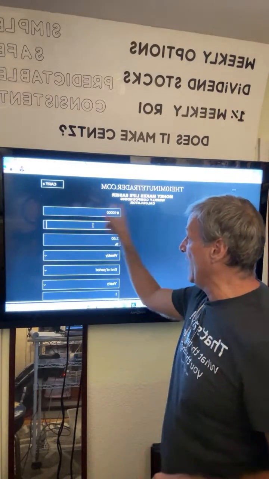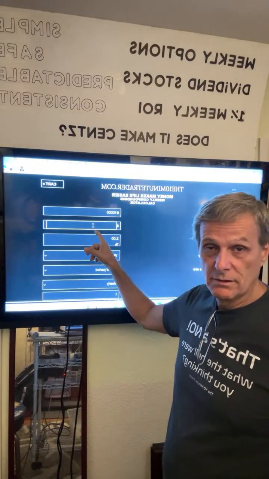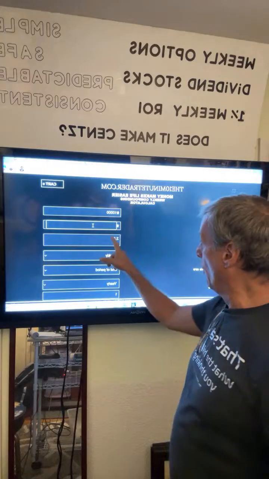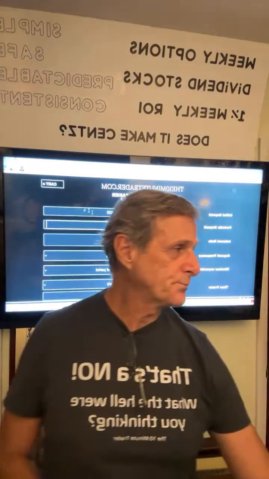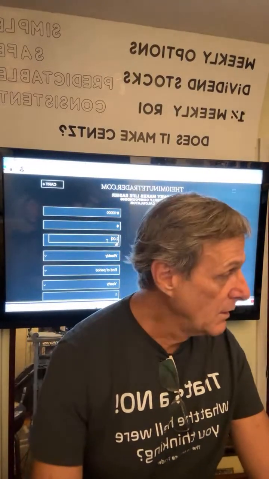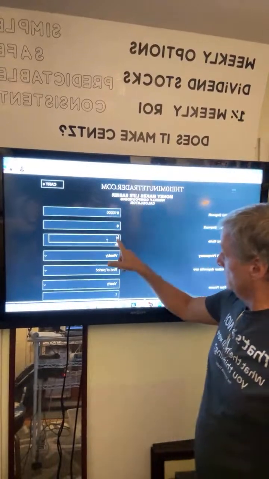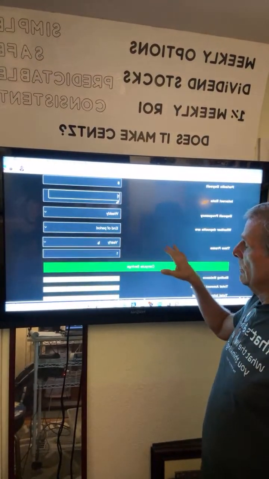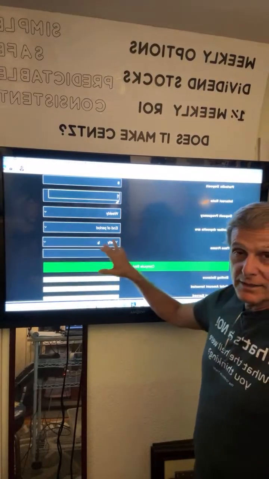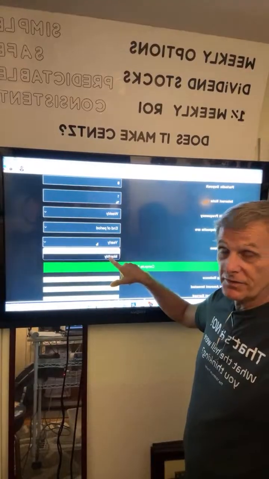So, $10,000, 0 money added, okay? Interest rate, 1% weekly. Now, I wanted to look at yearly because we can do this monthly, figure out how much it is monthly, but I want to do yearly.